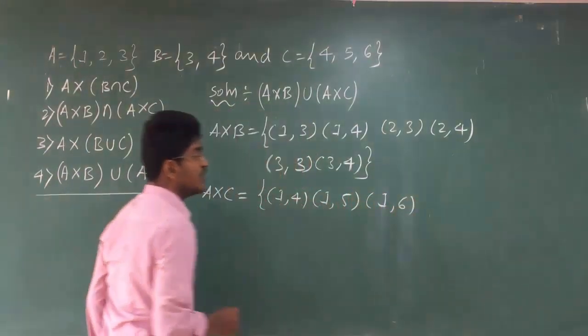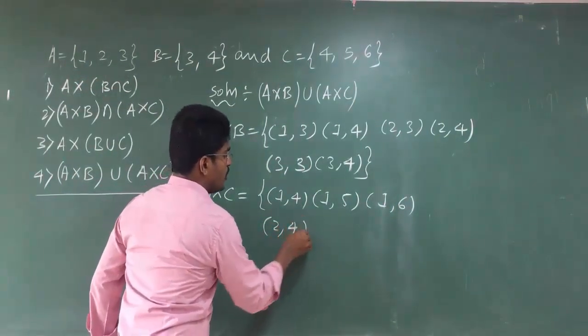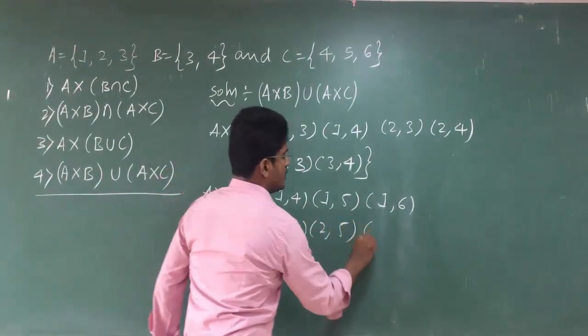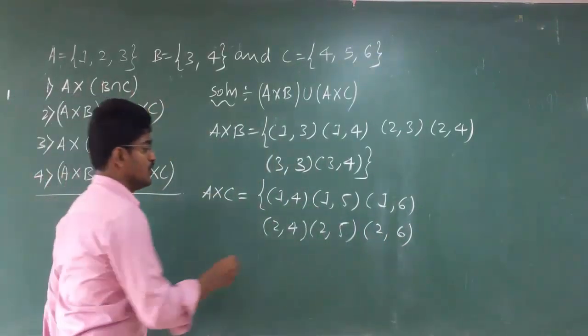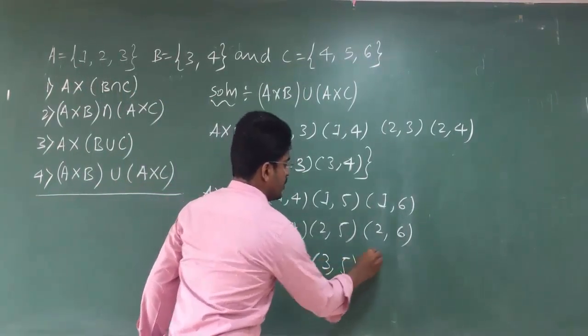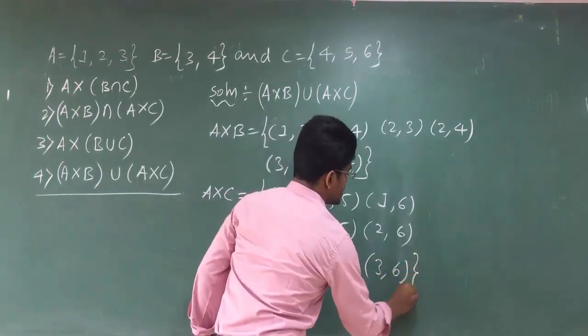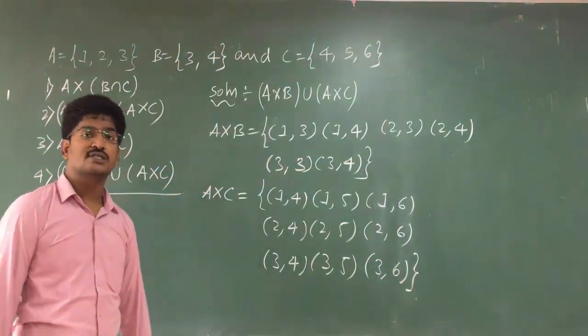Clear? Next after 1, 2,4, 2,5, 2,6. Next 3,4, 3,5, 3,6. So this is how you have to write A cross B and A cross C.